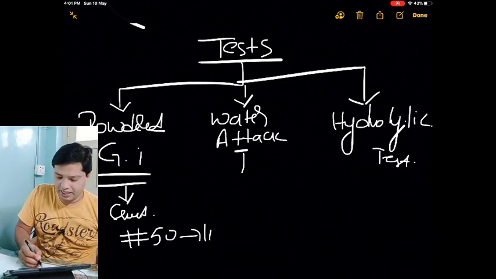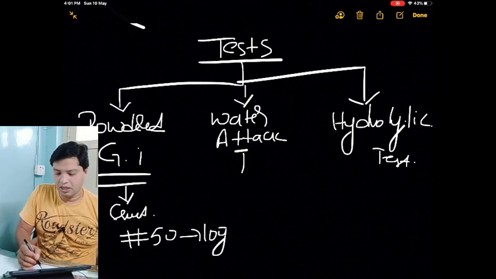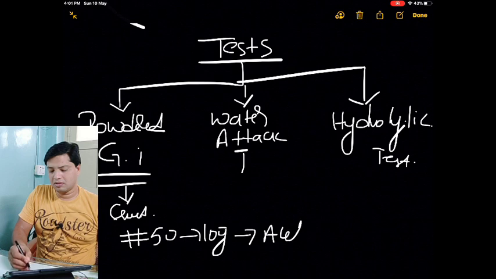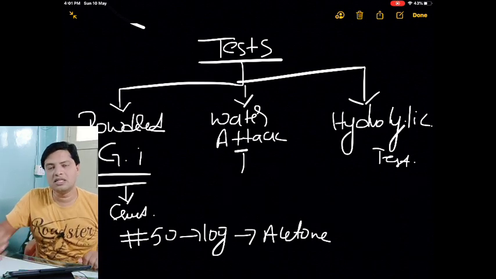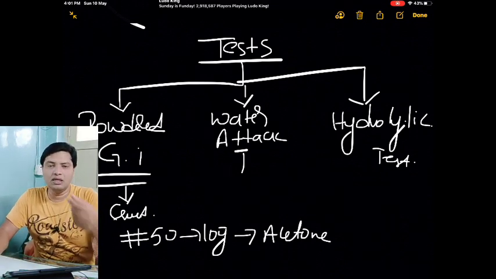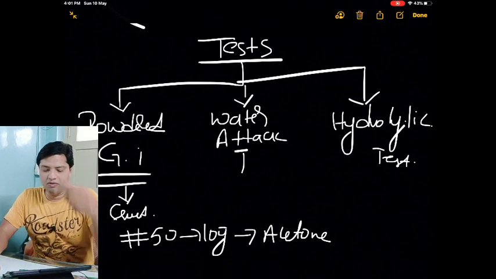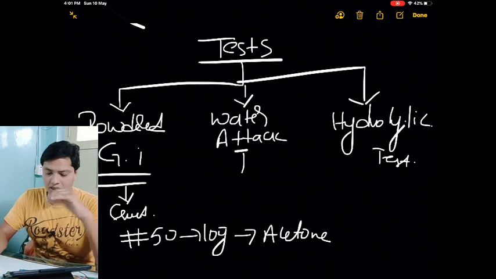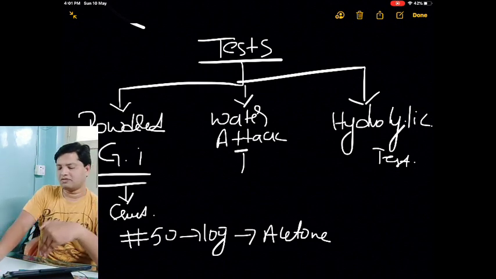From that, take 10 grams of the glass. For these 10 grams you add acetone. Why are we adding acetone? In case there is any grease or oily substance present within the glass, we don't want that present, so we treat these 10 grams of glass with acetone.